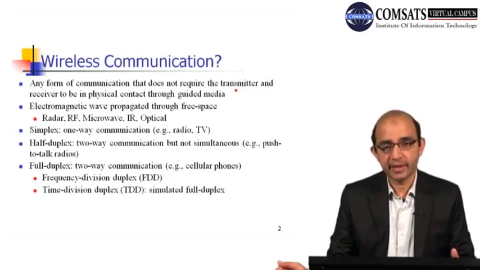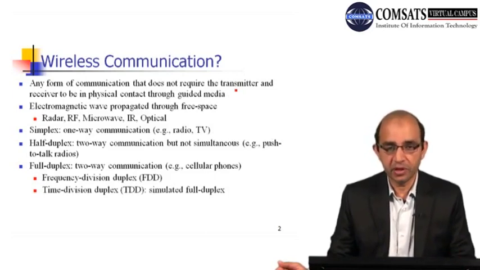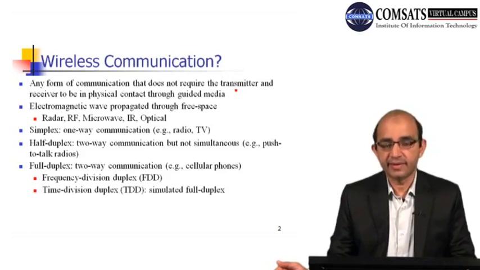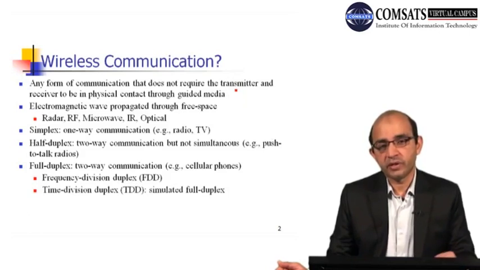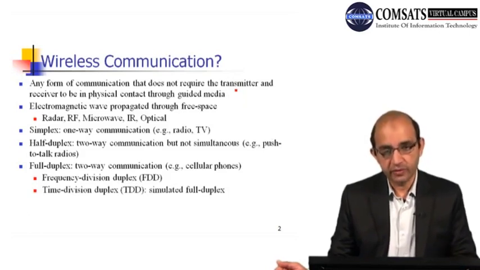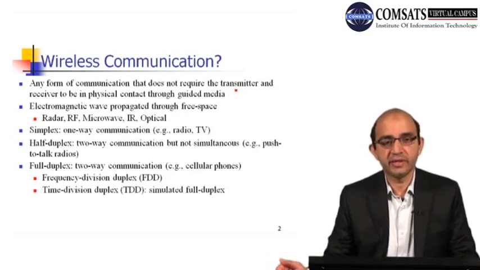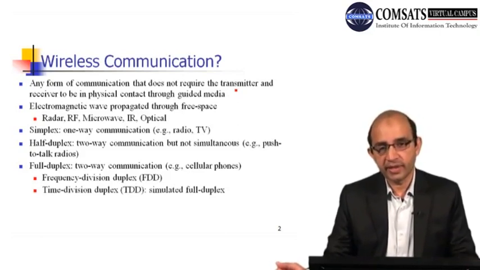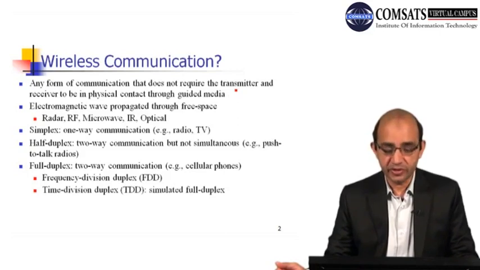The first one is simplex, and this is only one-way communication. In simplex, data can be transmitted from one point to another point in only one direction. So you can also say this is a sort of directional communication. As an analogy, you can take the example of a one-way road where you can go in one direction, but the other direction is not allowed.